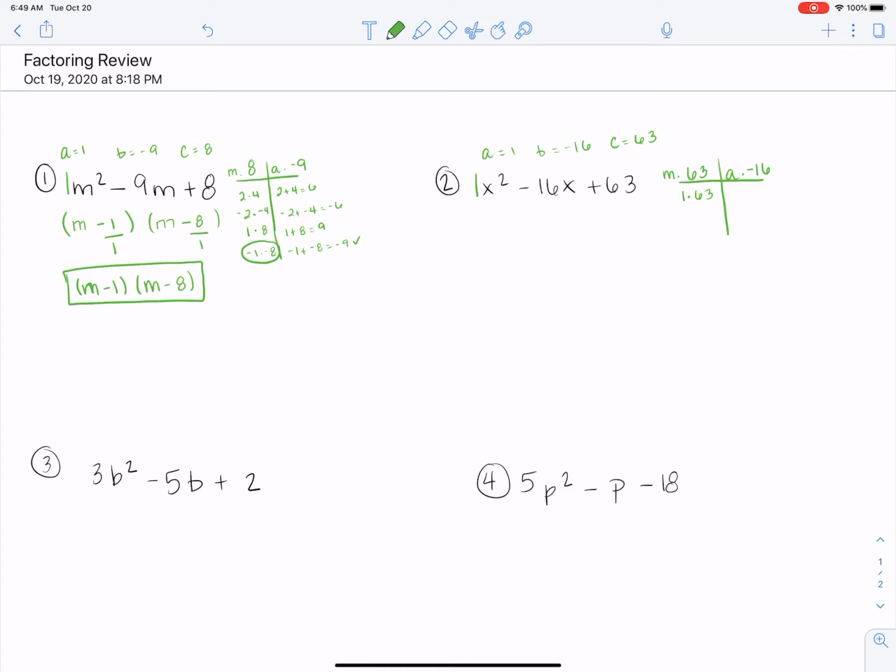That won't get me to 16. 3 times 21, that won't get me to 16 either. Let me find some more.